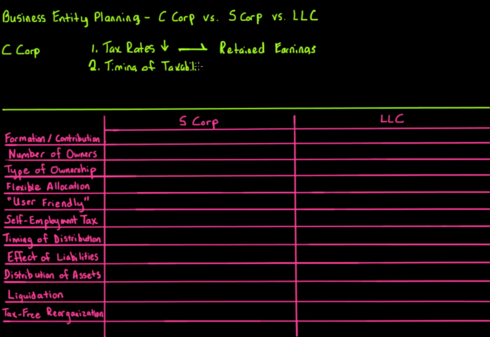The idea is that if you recall, for the pass-through entities, the S corp and the LLC, the income, losses, credits, deductions, they all get passed through to the owner, even if a distribution doesn't take place. We call that allocation, allocable items.